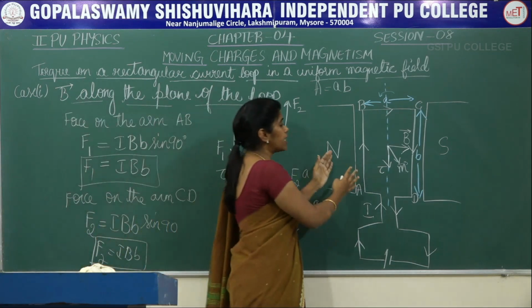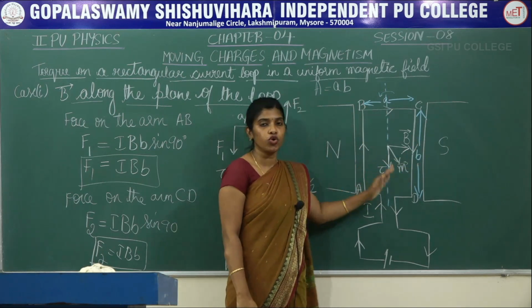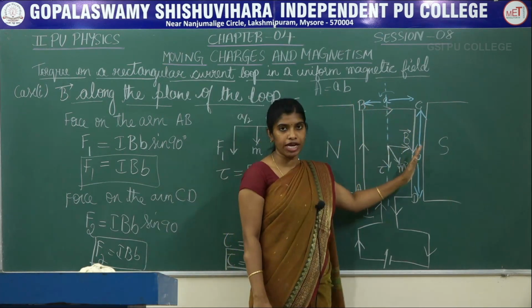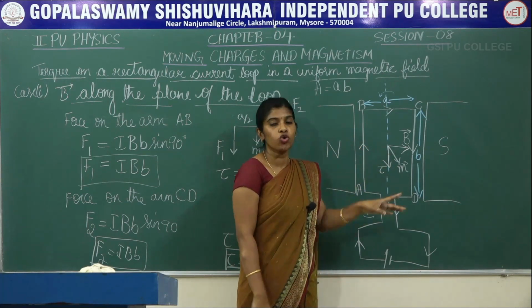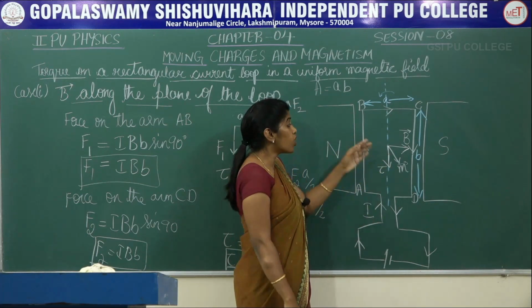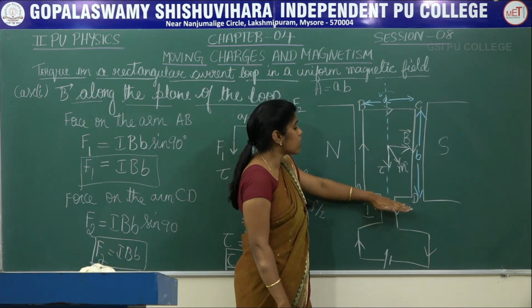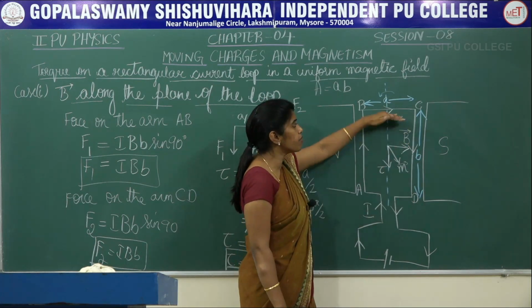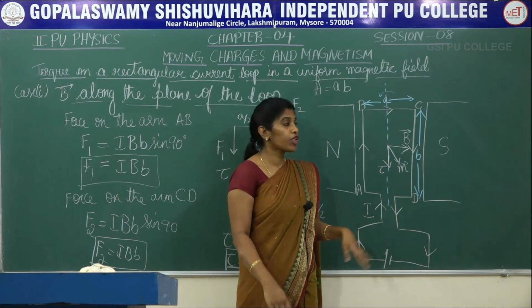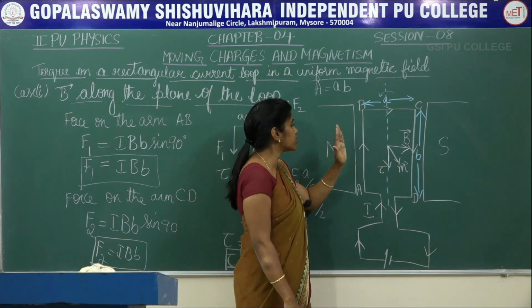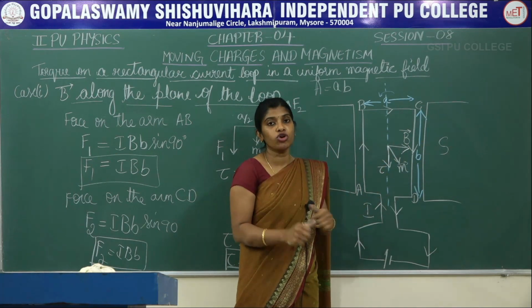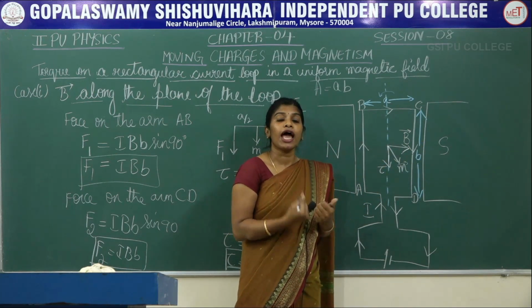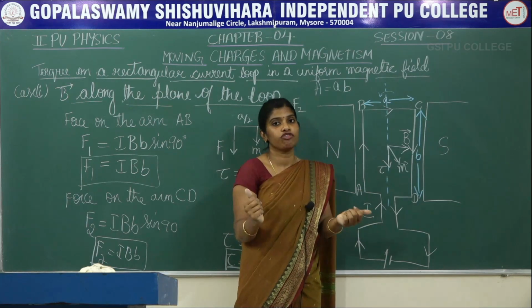So we have placed the rectangular loop in a uniform magnetic field, and the magnetic field is along the plane of the loop. This is the first case. And what happened here? The force on AD and BC is equal to 0. But the force acting on AB and CD is equal in magnitude, opposite in direction, and they are acting in different lines of action.